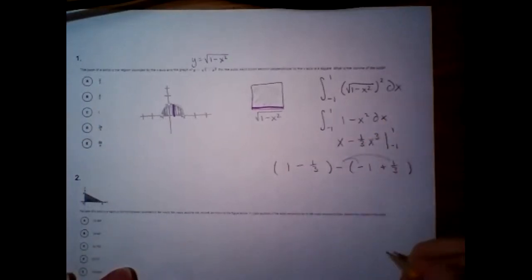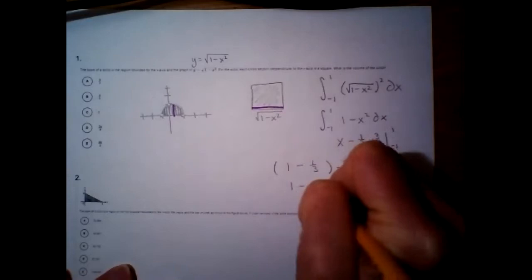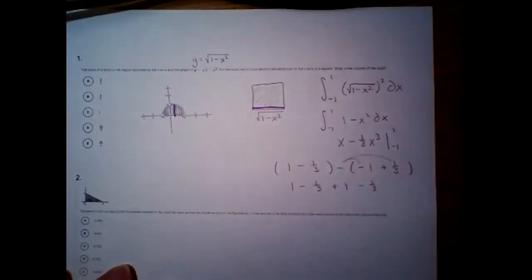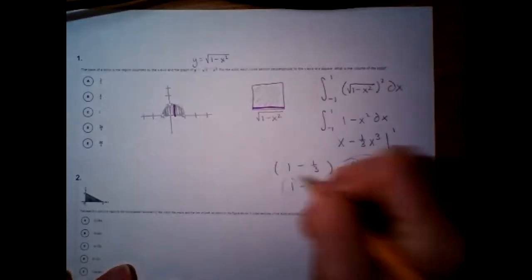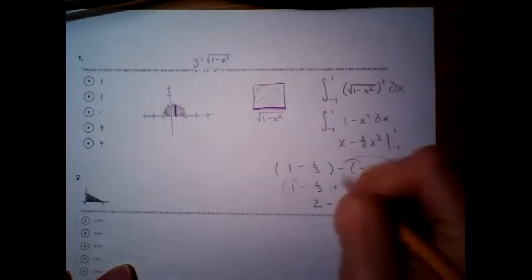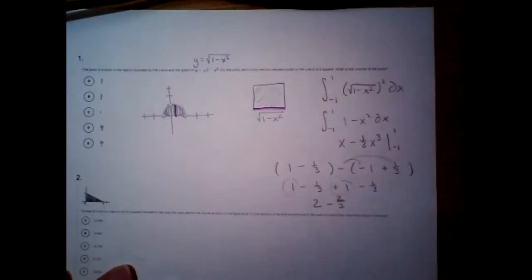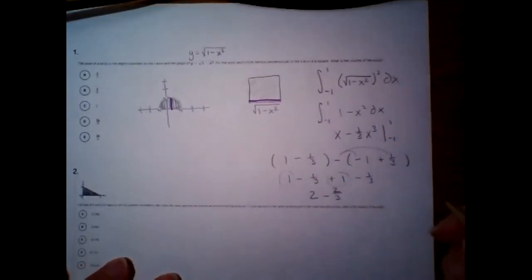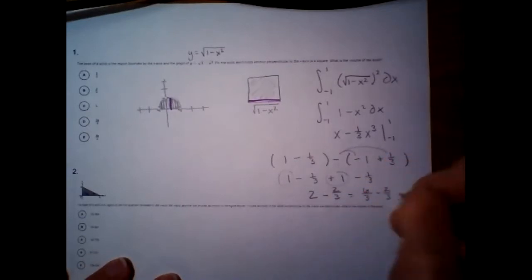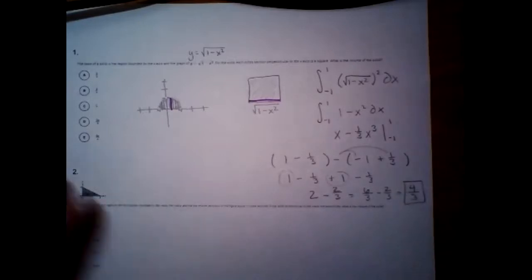Distribute the negative, so that'll be plus 1 minus 1/3. Then we're going to group these together. 1 plus 1 will give us 2, and then minus 1/3 and minus 1/3 would be minus 2/3. Then I need to get a common denominator. So this would be 6/3 minus 2/3, so 4/3. And so that one is B.